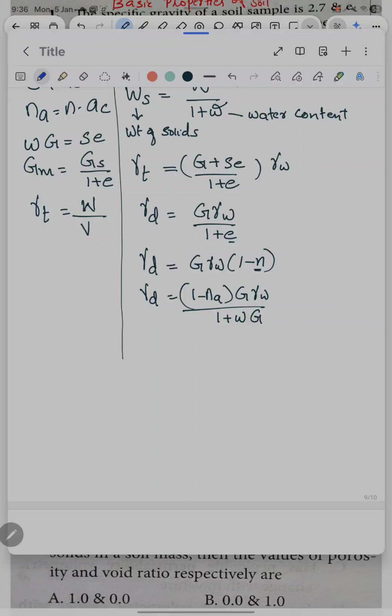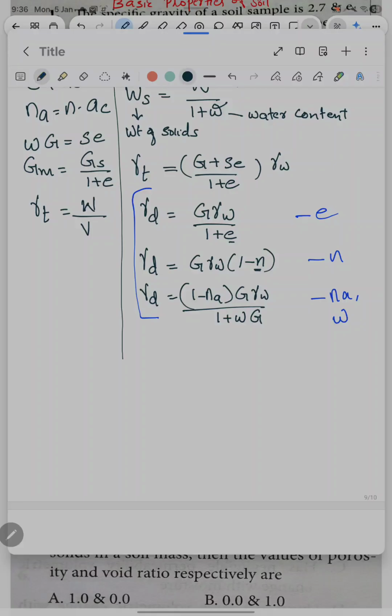Here are three equations for γd. In terms of e: Gγw/(1 + e). In terms of n: Gγw(1 - n). In terms of percentage air voids and water content: (1 - Na)Gγw/(1 + w). Okay, these are the three equations for dry unit weight.